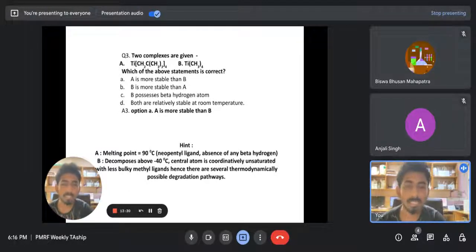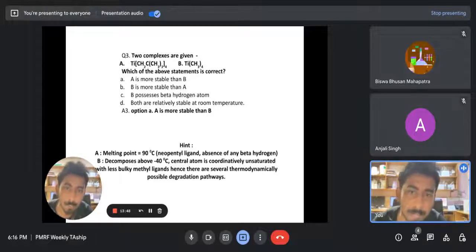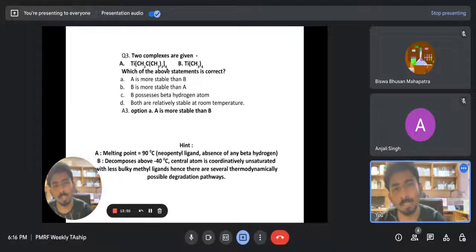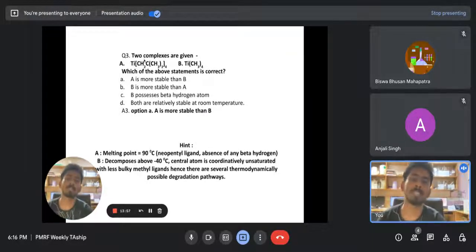The actual reason is coordinative unsaturation, because titanium is tetracoordinated in both cases. But in this compound, the group is quite bulky, because you see there are 1, 2, 3 methyl carbons plus the CH2, so 5 carbon atoms per group, and there are 4 such groups. So 5 into 4, that is 20. So 20 carbon atoms are there in the molecule.